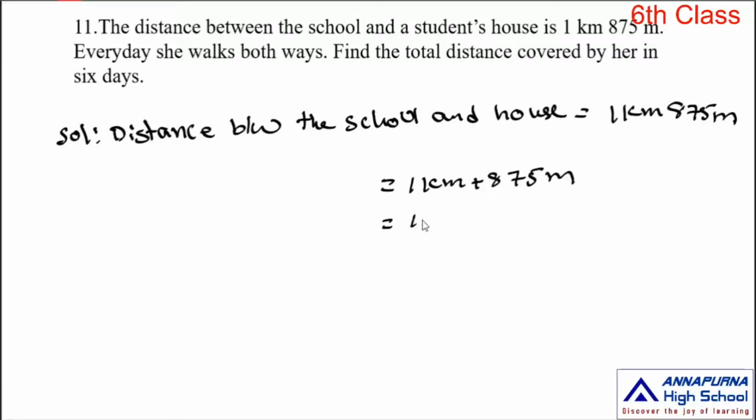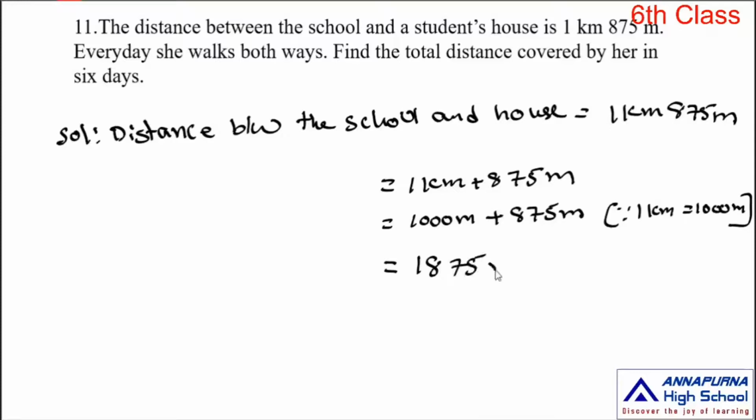So 1000 meters plus 875 meters, since 1 kilometer is equal to 1000 meters. 1000 plus 875 meters, 1875 meters. The distance between school and house is 1875 meters.